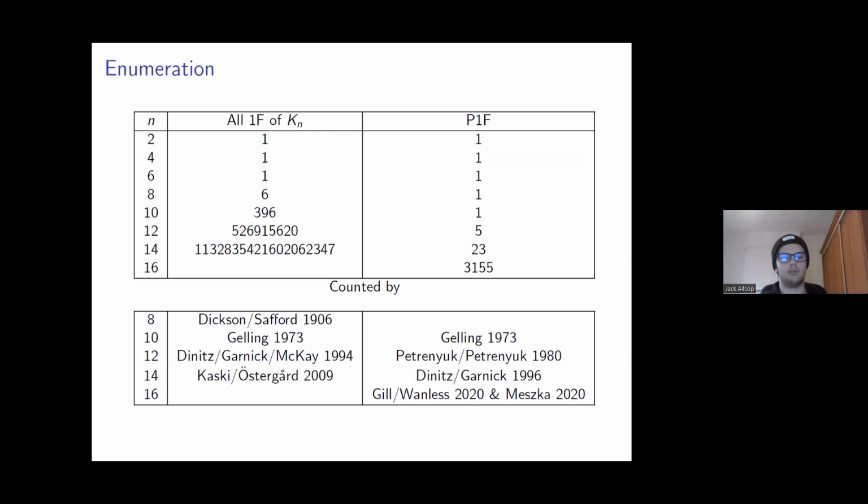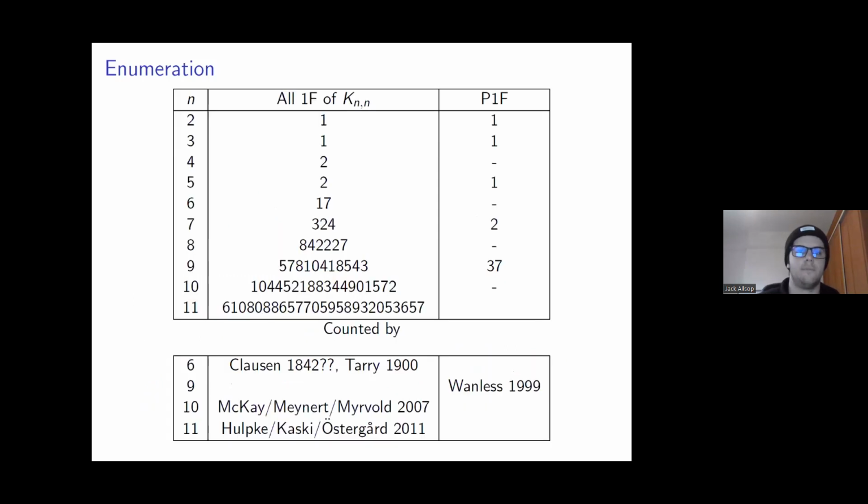And what this table shows us is that one factorizations of Kn are relatively common, but perfect one factorizations are very rare. Now this is the same table, but it shows the one factorizations of the complete bipartite graph and the perfect one factorizations of the complete bipartite graph, and again, who counted them.